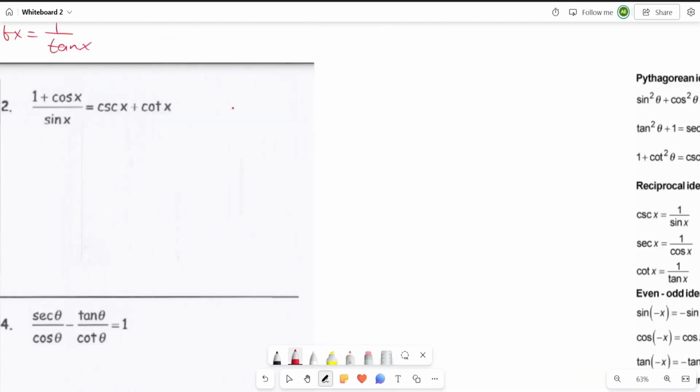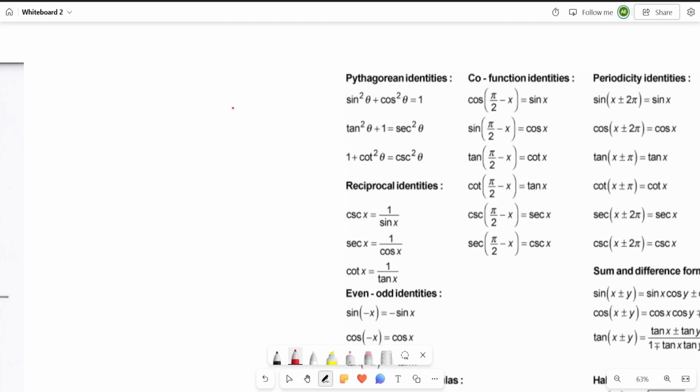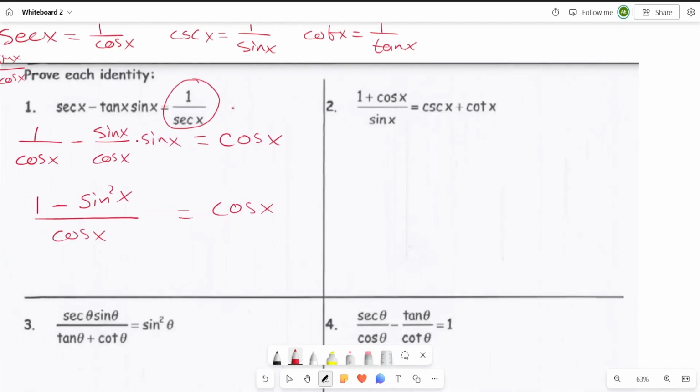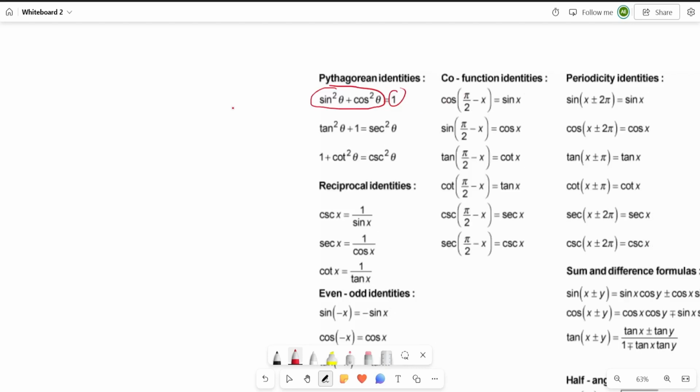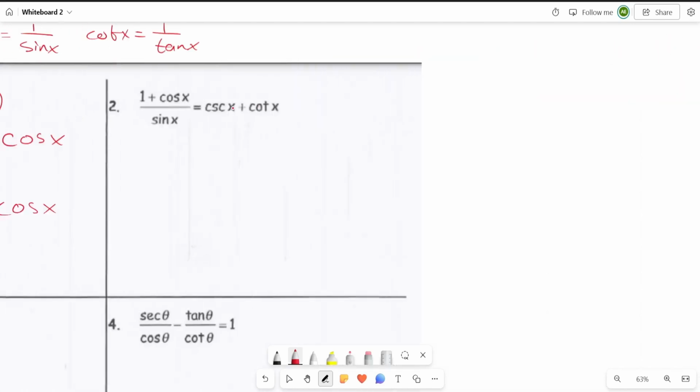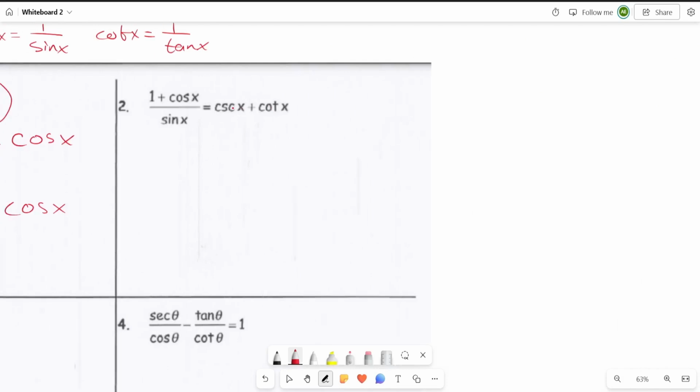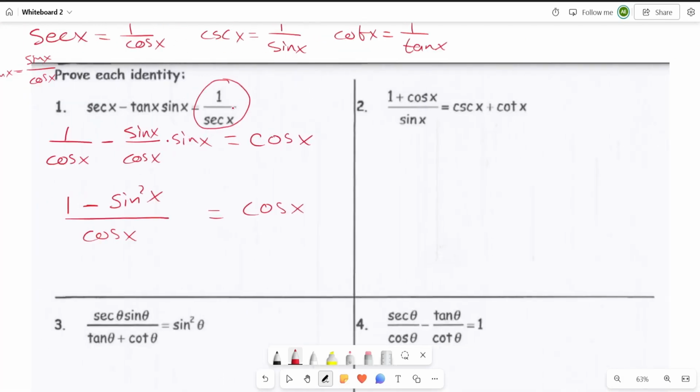From my Pythagorean identities, I know that sine squared x plus cosine squared x equals 1. So that makes cosine squared x equals, I will move the sine squared to the other side, 1 minus sine squared x. And if I look here, I exactly have a 1 minus sine squared x.